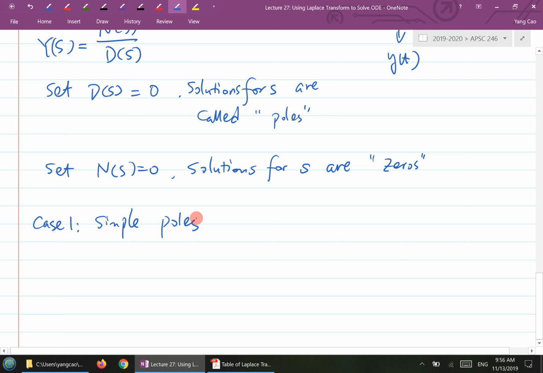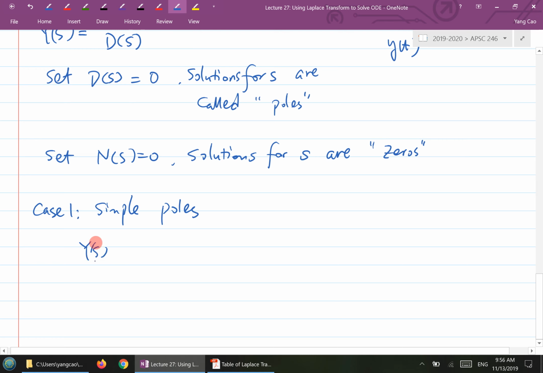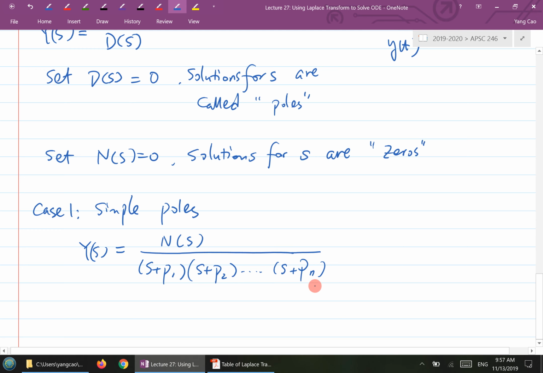Here Y of s takes a format like this: you have a numerator, and the denominator can be factored into many small terms: (s plus p1) times (s plus p2) up to (s plus pn). This is what we call simple poles.